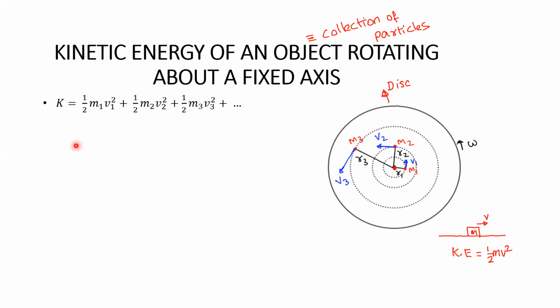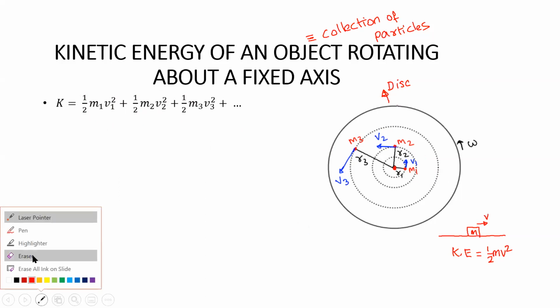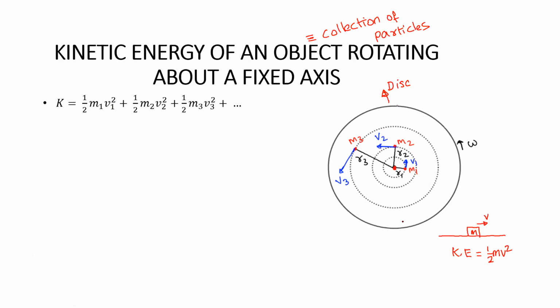We also know that the tangential velocity of a particle can be written as r times omega, where r is the radius of the circle along which the particle is moving.